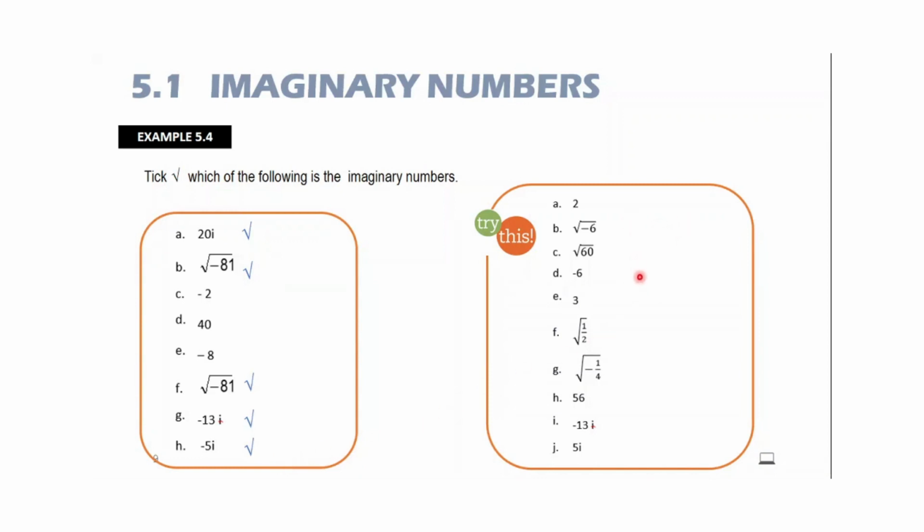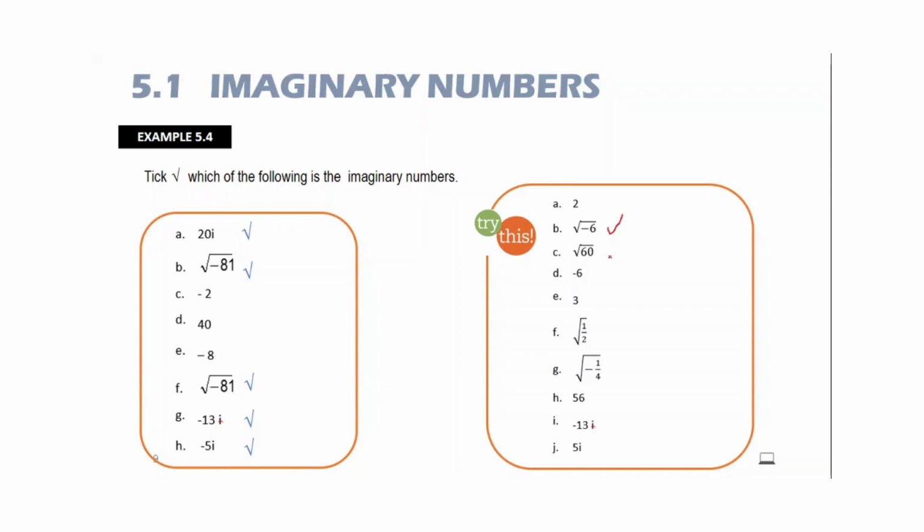Seterusnya, try this. I want you all to try. Is it true real number or imaginary number? Yes, real number, so not imaginary. This one is imaginary number, B. This is imaginary number, 16.